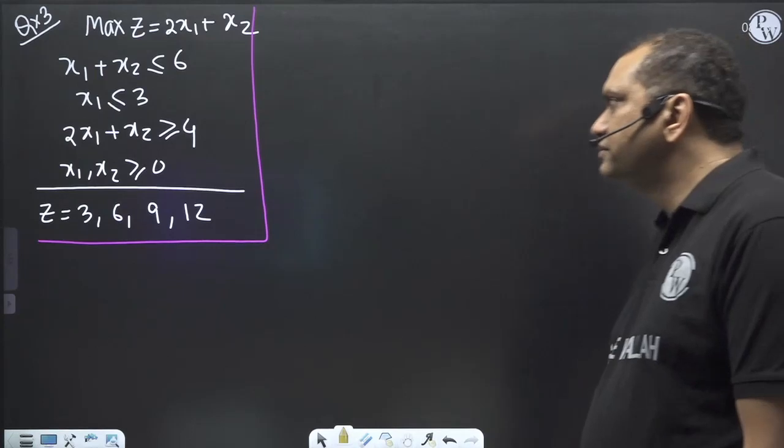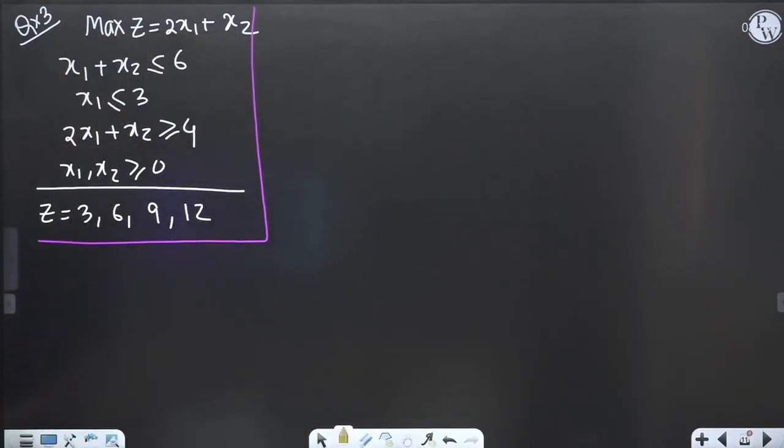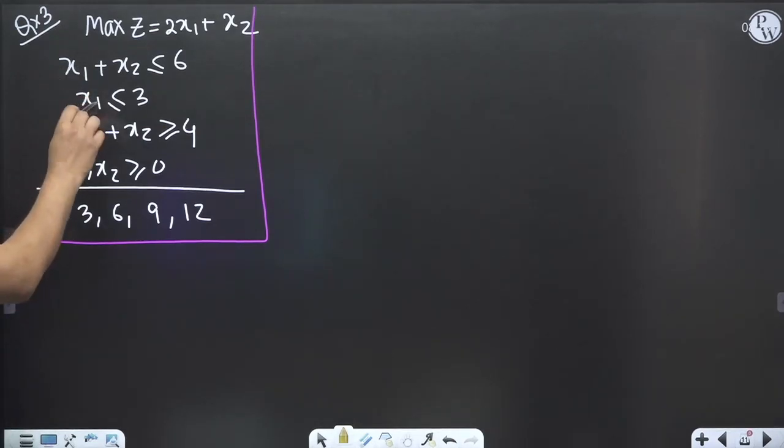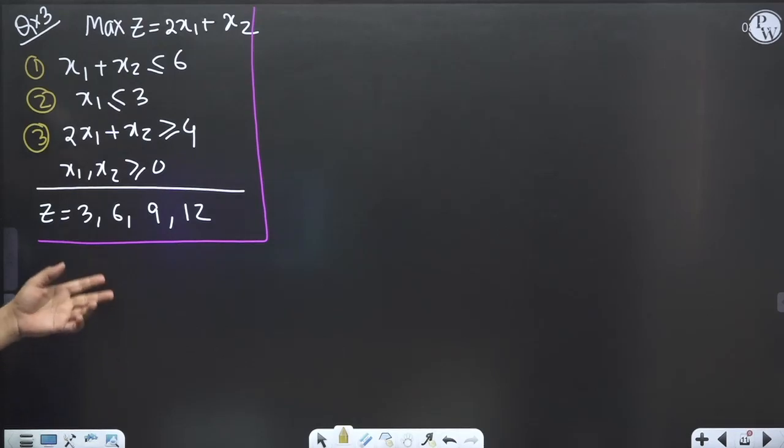Now this one. The problem is: maximize Z subject to these three constraints: constraint 1, constraint 2, constraint 3.